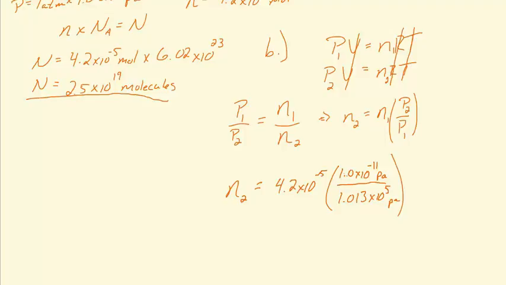So if we divide our pressures and multiply by our initial number of moles, we see that the final amount of moles left in the container will be equal to 4.146 times 10 to the negative 21st moles.